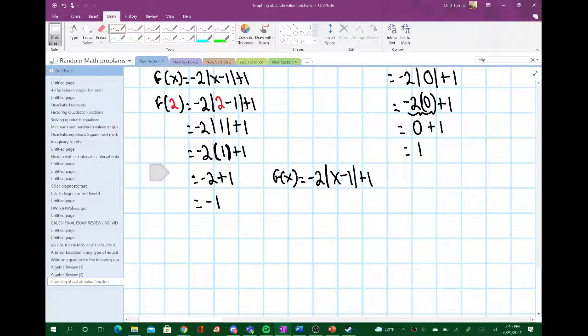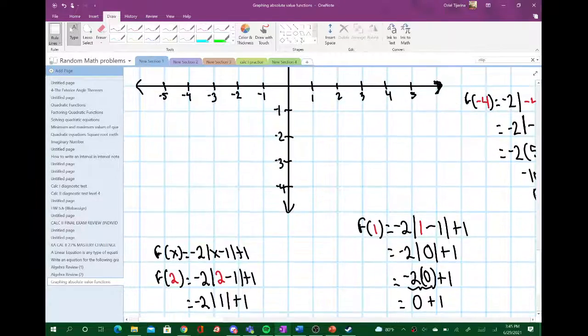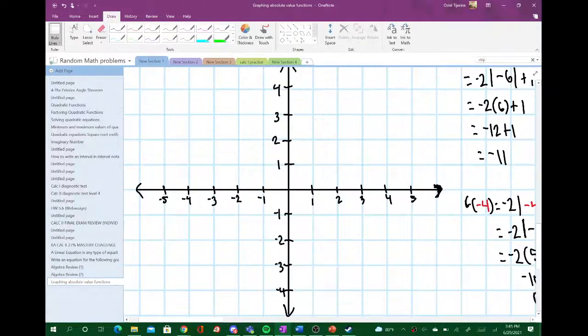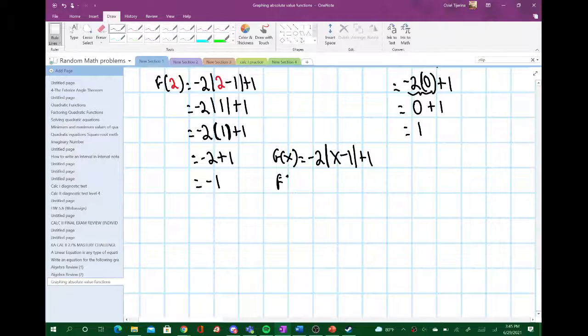And then when we plug in a 3 for x, we're going to say f of 3 equals negative 2 times 3 minus 1 plus 1. And then I say, okay, I'm going to keep my negative 2, and what is 3 minus 1?